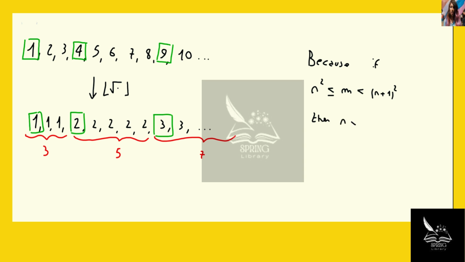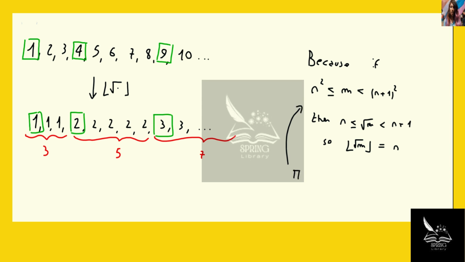And in fact, in this case, 2 is between the root of 6, which is 2 point something, and n plus 1, which is 3. And the floor of root of 6 would be exactly 2 in our case.